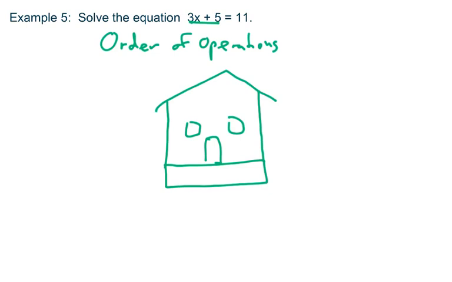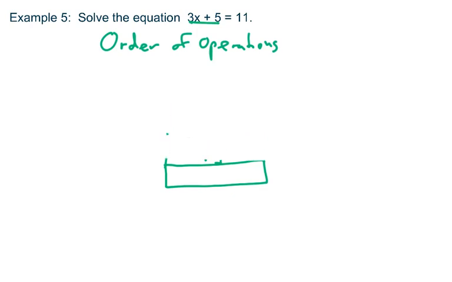Probably what I would do is reverse what I did with the order of operations. I would take off the roof first, then I'd tear down the walls, and I'd be back to the foundation, which is the x, which is, after all, the thing that we're trying to solve for.